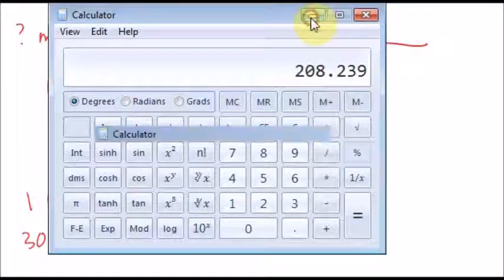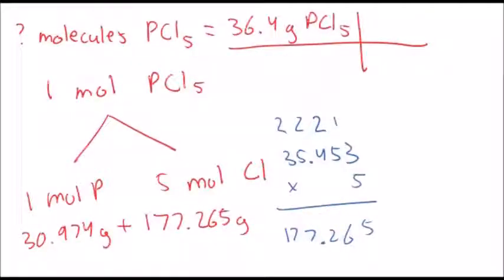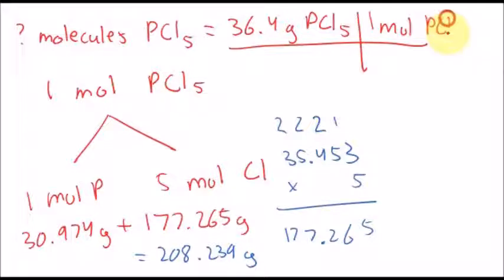So we know that the molar mass of phosphorus pentachloride is 208.239. So this is going to equal 208.239 grams. We're going to go ahead and put that here so we know, again, 1 mole of PCl5 has a molar mass of 208.239 grams.